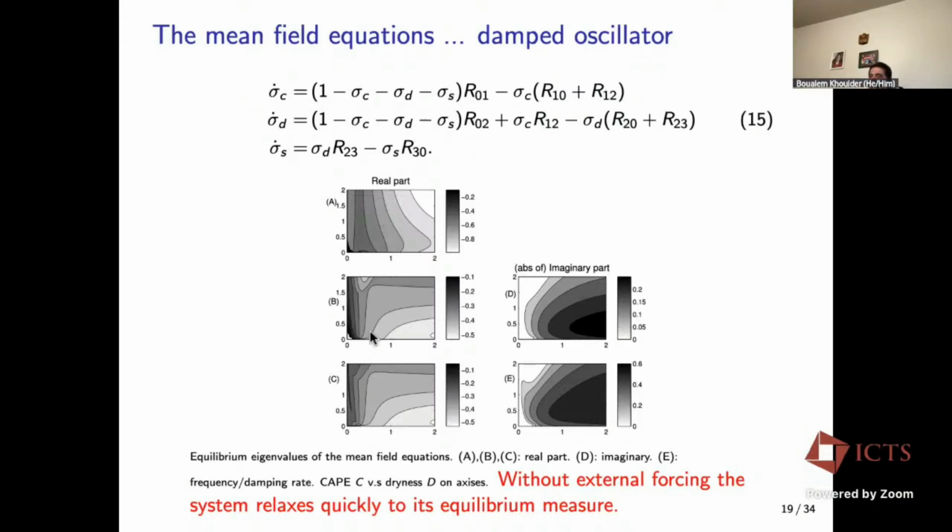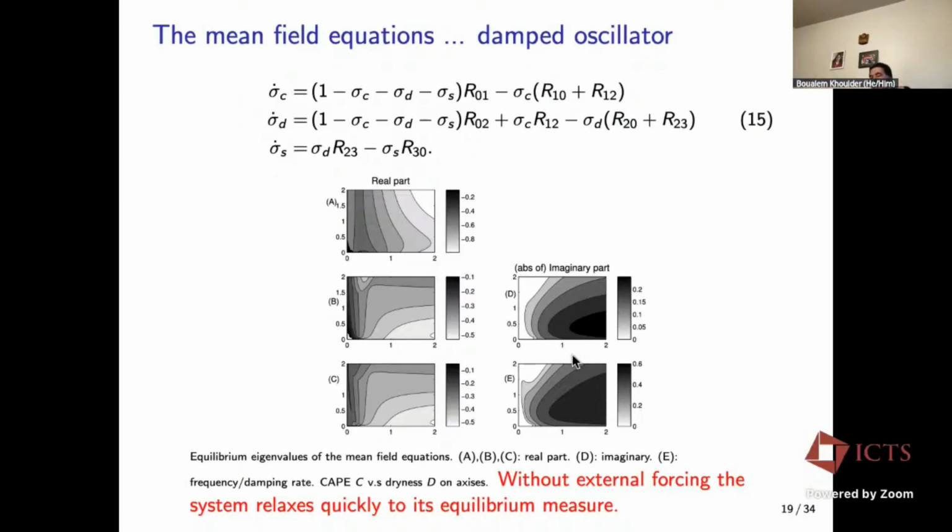We compute all the eigenvalues of the oscillator, and they all have negative real parts, and the imaginary parts are non-zero. They just oscillate. And the trick depends on how fast the oscillations are. If your oscillations are much faster than the damping rate, then you will get long excursions.